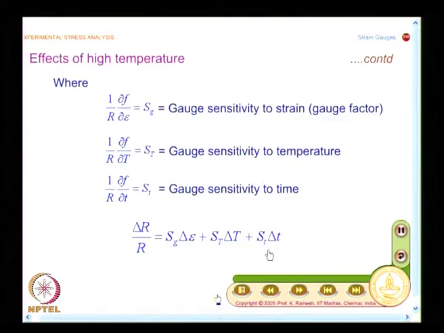See, in all these cases of nuclear radiation or effects of high temperature, you will have a drift. The cause of drift is different in each of these cases. When there is a drift, it is a function of time. That is the reason why the recommendation is to do it quickly. If I do dynamic strain measurement, temperature effects are easy to handle.